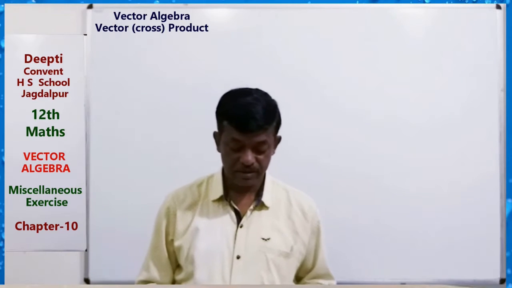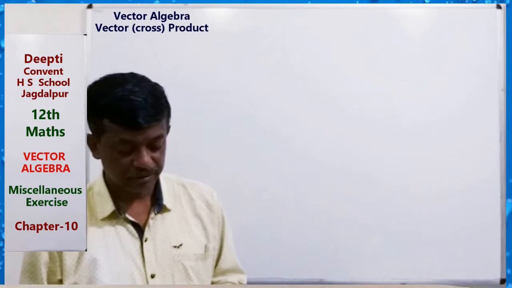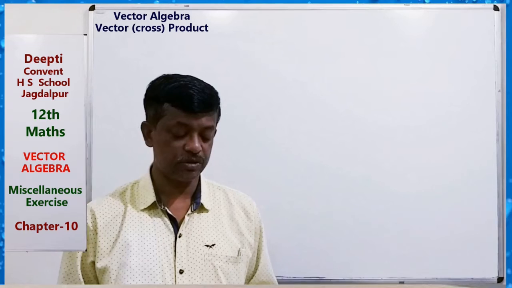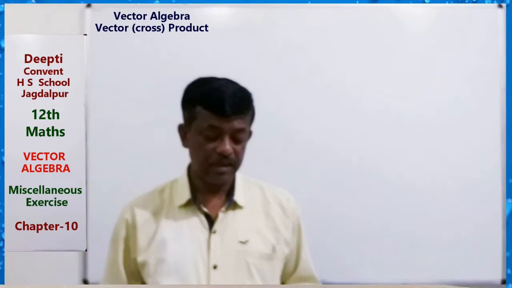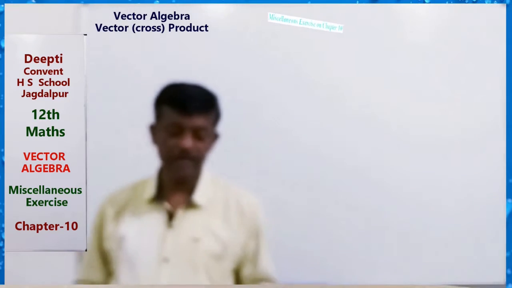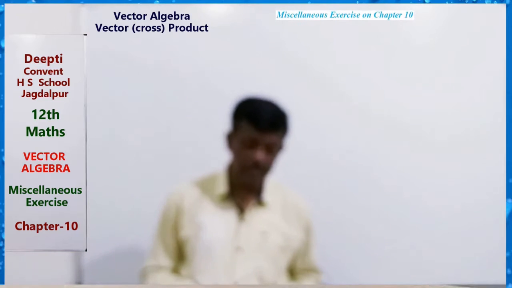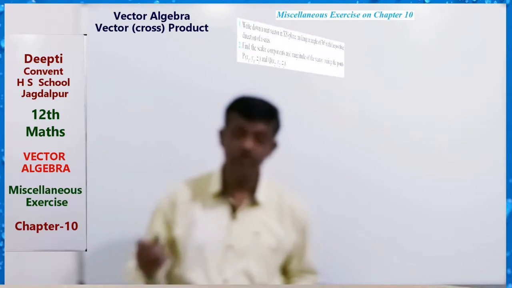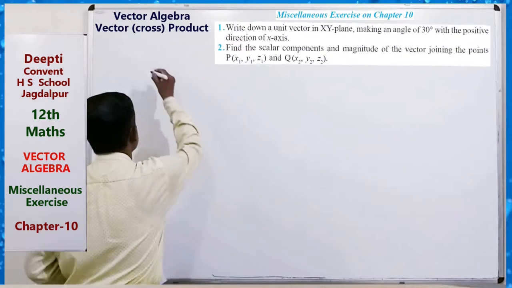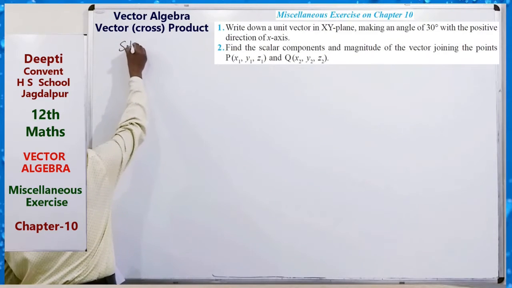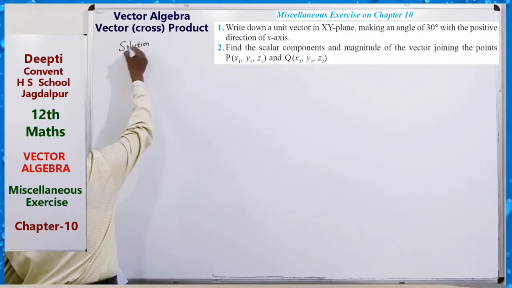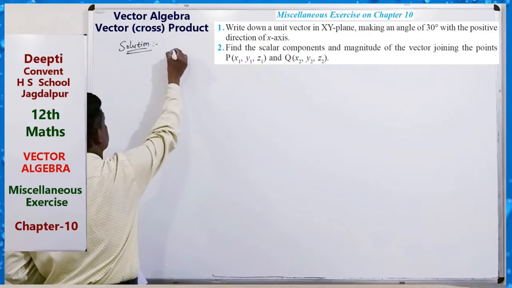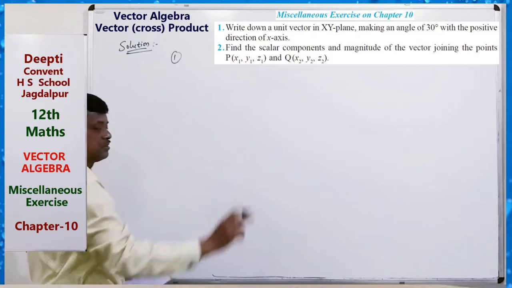So here, the first question is: write down the unit vector in the xy plane making an angle of 30 degrees with the positive direction of the x-axis. Unit vector. So, solution, question 1, miscellaneous exercise.